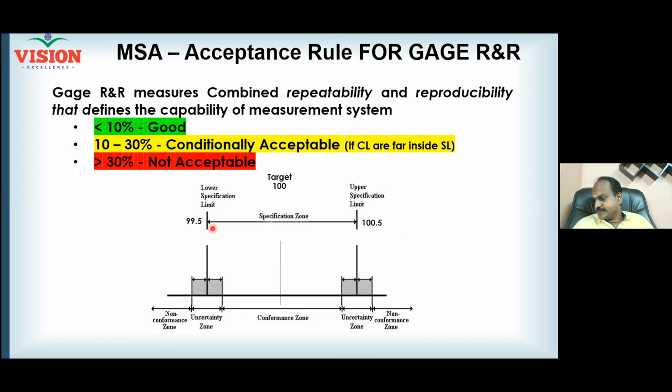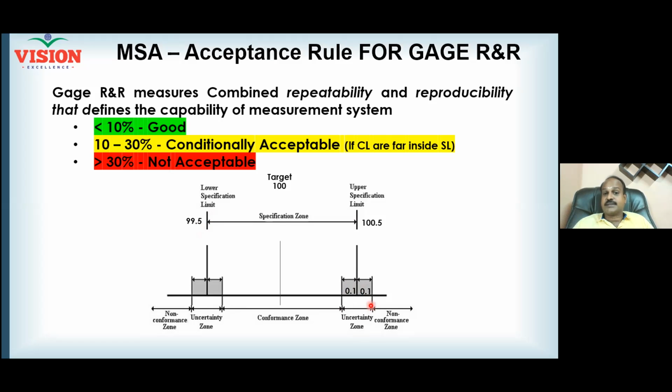It is 1, since 100.5 minus 99.5; if it is mm, you can say 1 mm. What is 10% of 1? 0.1. That is written here: 0.1 and 0.1. 0.1 above the specification limit and 0.1 below the specification limit decides your uncertainty zone.